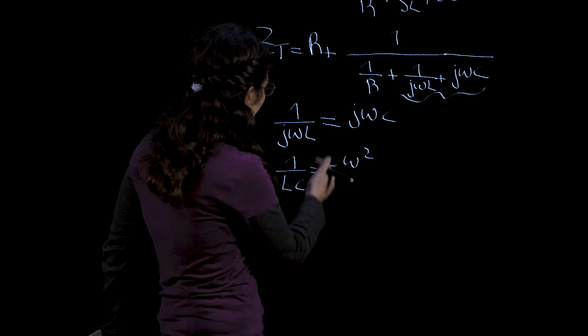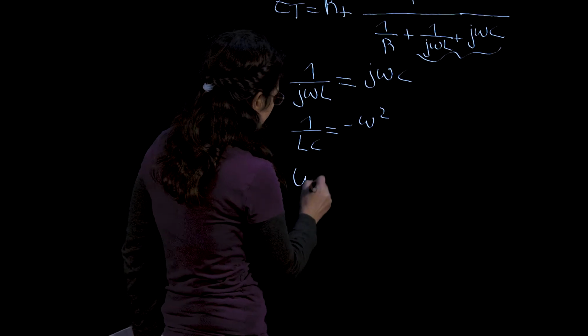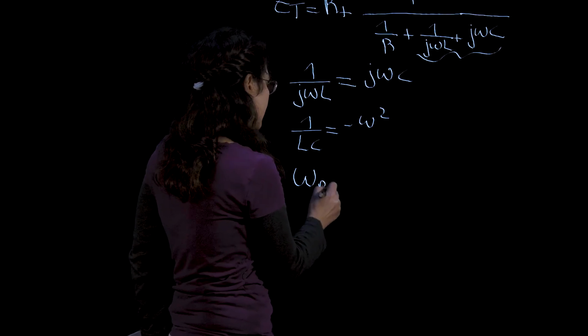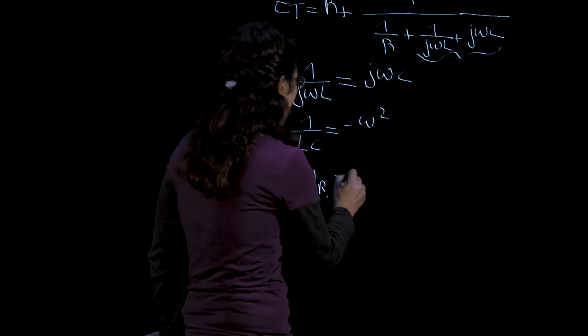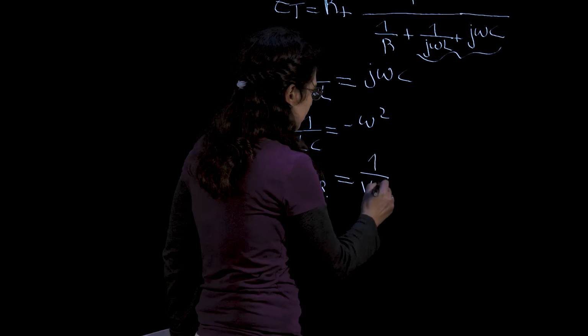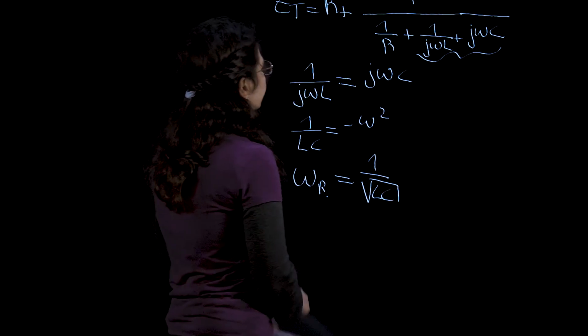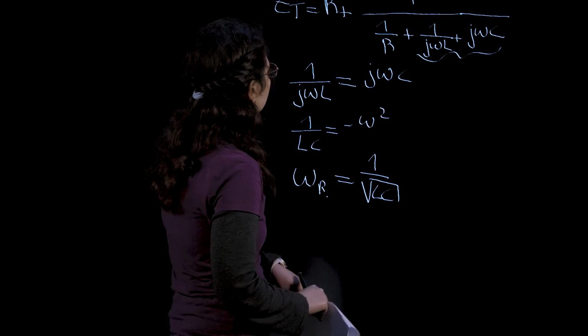Exactly. So basically my omega, my resonance frequency, let's call it omega R, will be 1 over square root of LC.